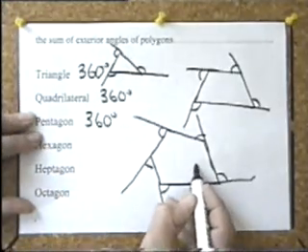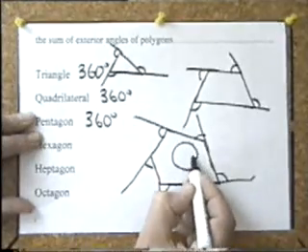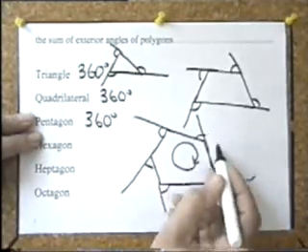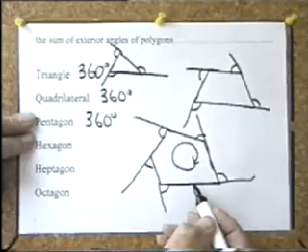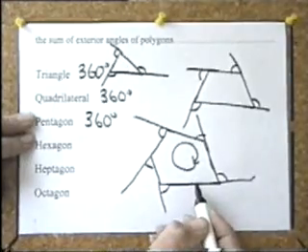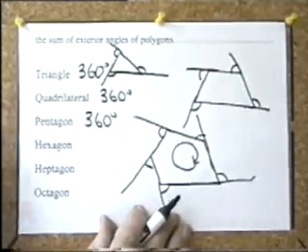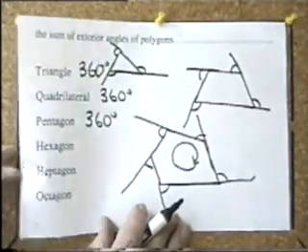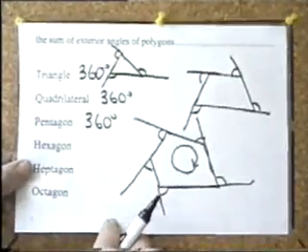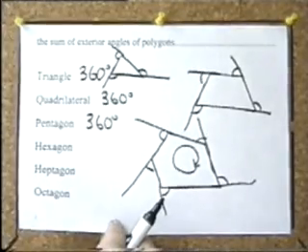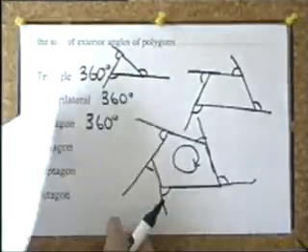It's 360 degrees because you're making one complete revolution, one complete turn as you go round your shape. So the sum of the exterior angles of any polygon is always 360 degrees. That could be a useful simple angle fact that can be used in the exam.